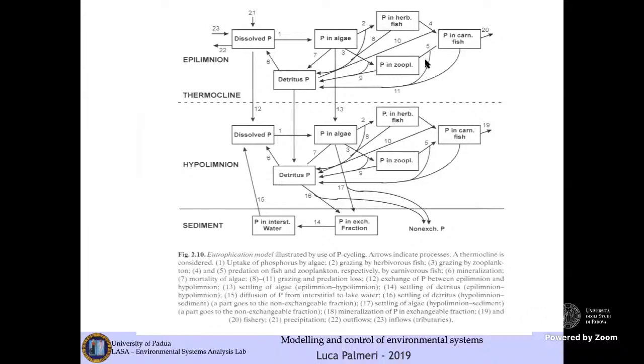For example, the phosphorus in herbivorous fish is linked to the phosphorus content in carnivorous fish due to the fact that carnivorous fish feed on herbivorous fish, so there is a transfer of material from the herbivorous parts onto the carnivorous species.